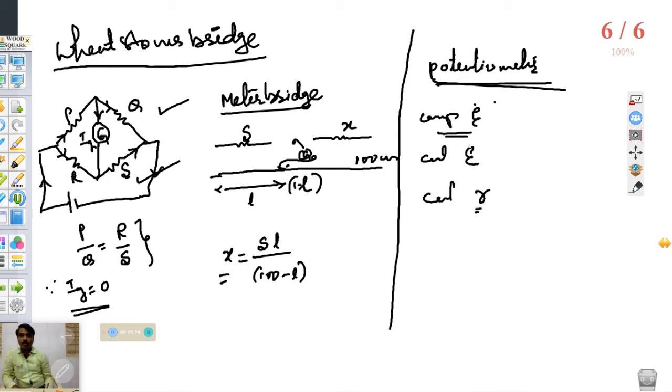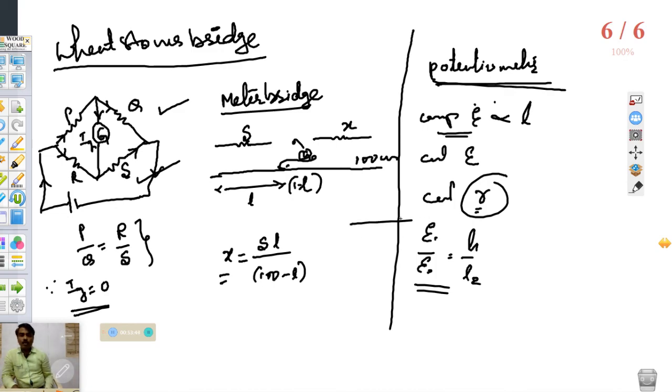Usually whenever we compare the EMF, EMF is directly proportional to the length, hence E1 by E2 is equal to L1 by L2 we consider, and even internal resistance also can be calculated. Based on all this, we'll have some questions on these applications in the next session. Okay, thank you.